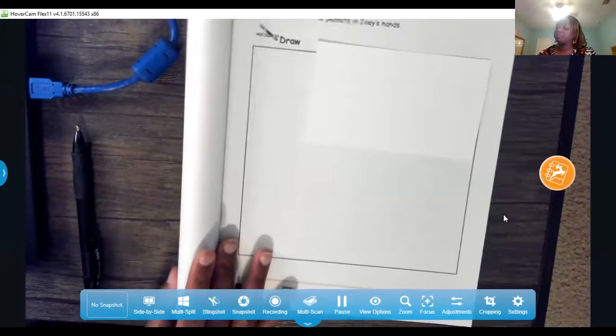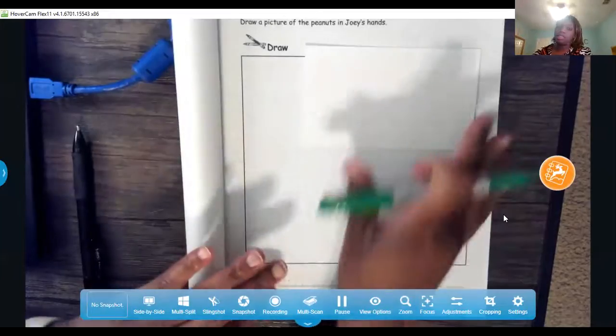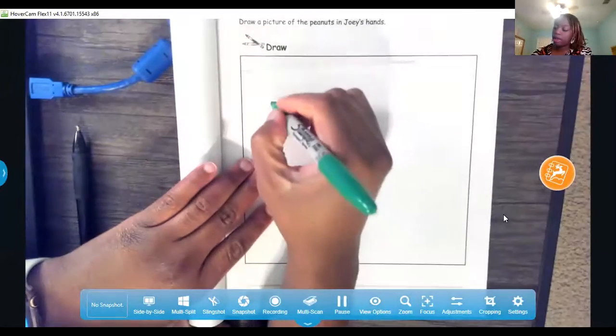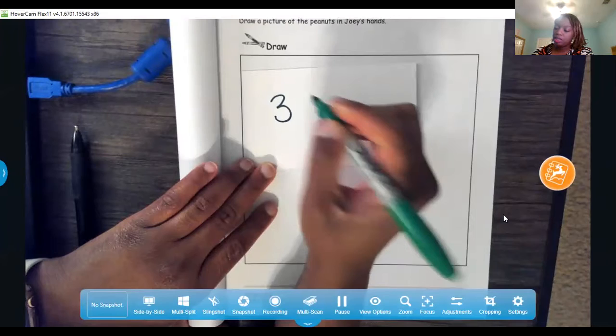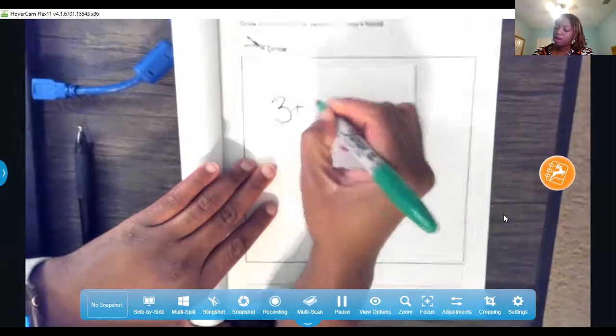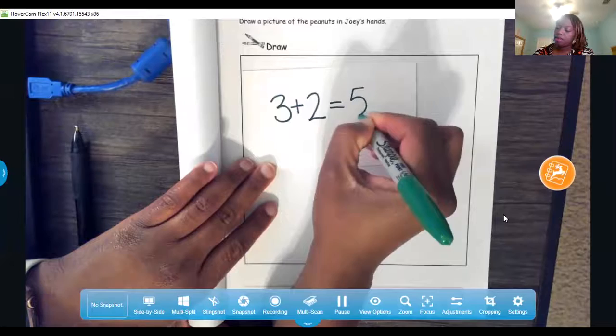All right. So we started with 3 dots. So I have 3. And if I need 2 more to get to 5, it would be 3 plus 2 equals 5.